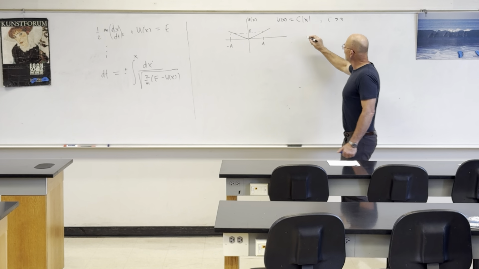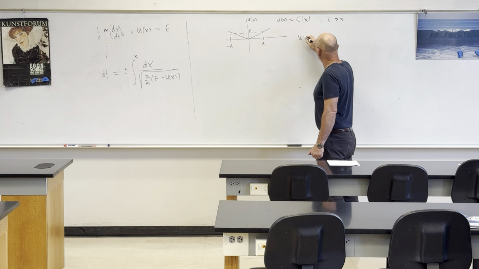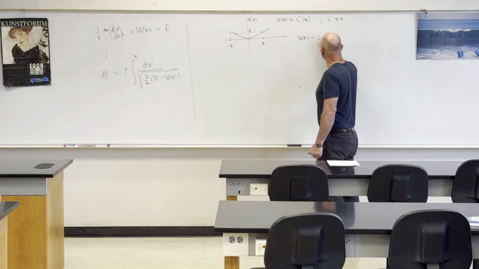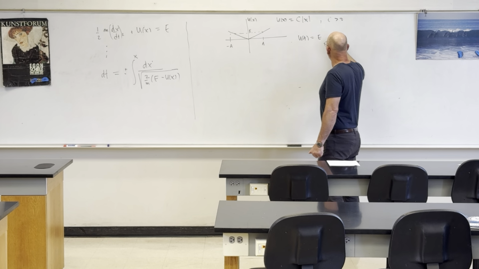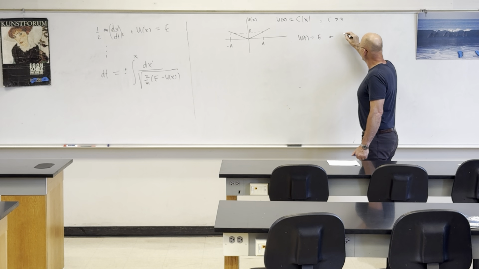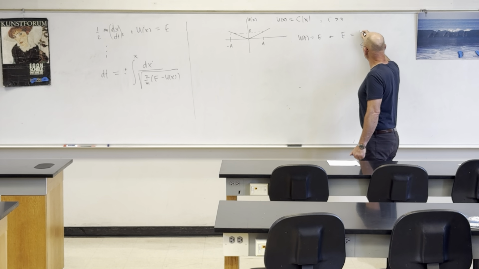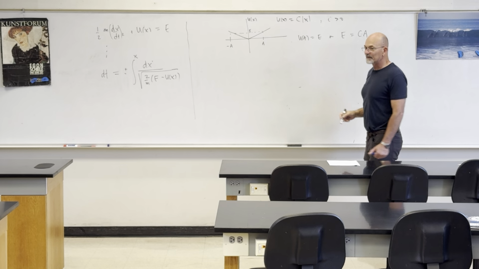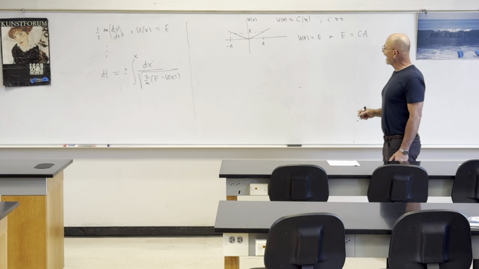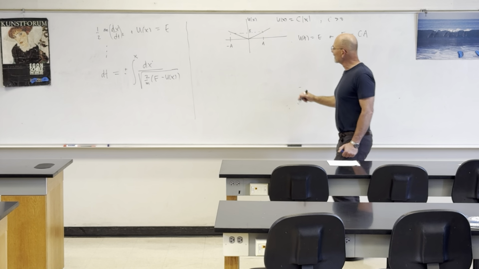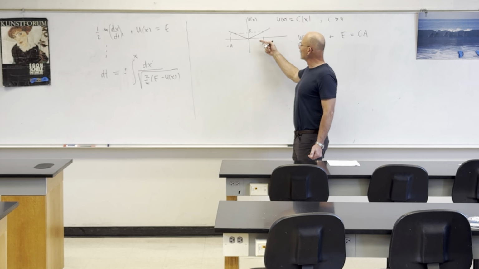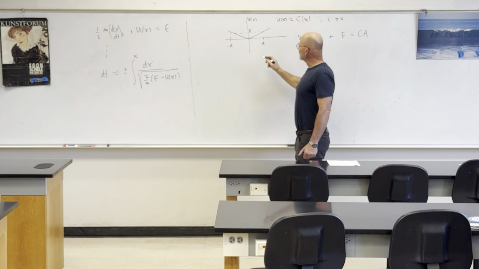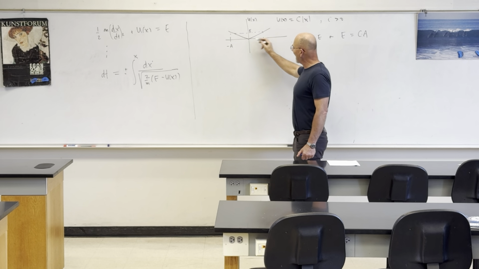What that means is that u of a is equal to E, or E is equal to C times a. And that a would be the amplitude, and this is a case that can be easily integrated of an oscillation, you know, between a and negative a.